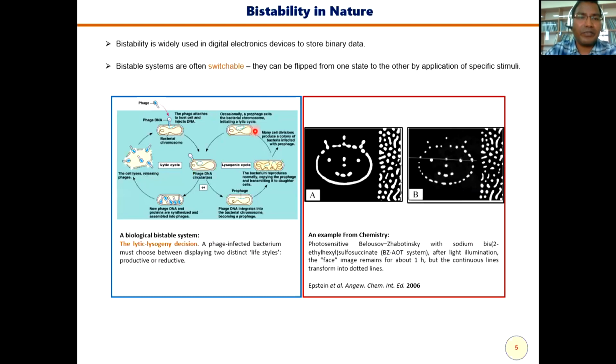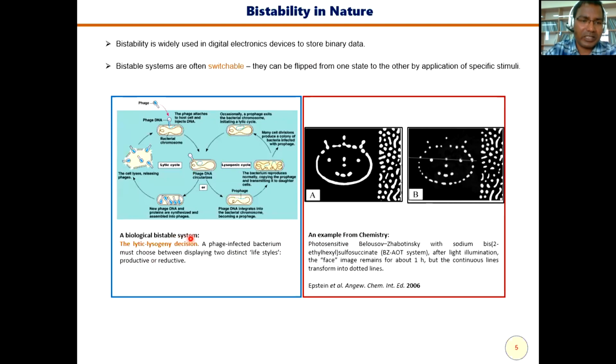And these are a few examples of bistability in nature. Bistability is widely used in digital electronic devices to store binary data. A binary system can often be switched; it can flip from one state to the other by application of a specific stimulus. We have taken two examples.